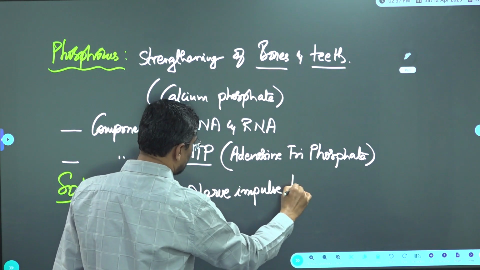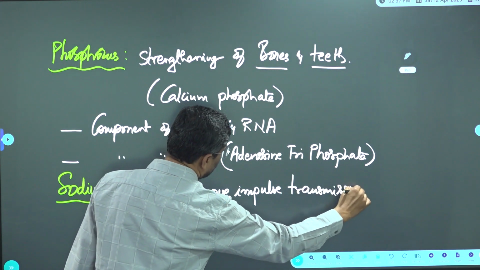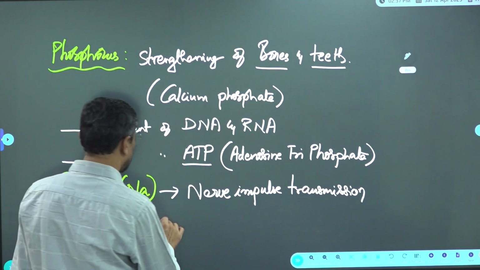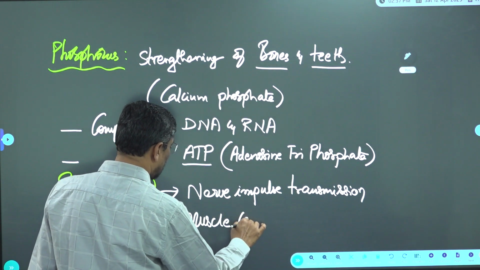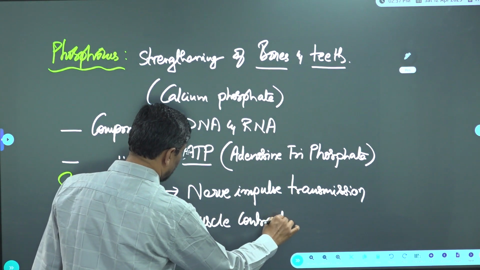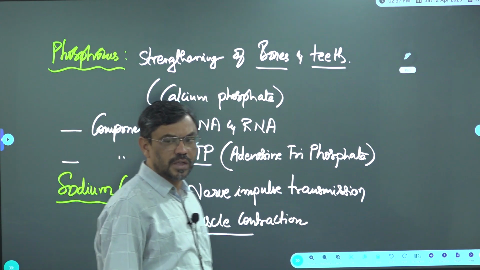Nerve impulse transmission means nerve functioning. It is also required for muscle contraction. Muscle contraction was given in a previous UPSC prelims exam.